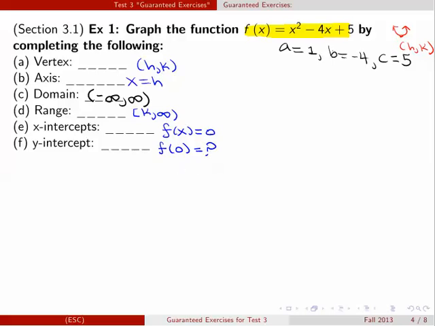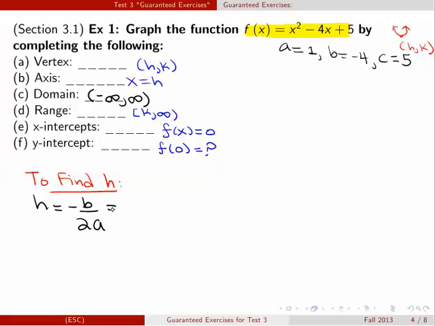For the vertex, there are different ways to find the vertex, but here you can use the following formula. To find h, you can use this formula. So remember this formula when you guys are taking the test number 3. h is given by negative b divided by 2a.